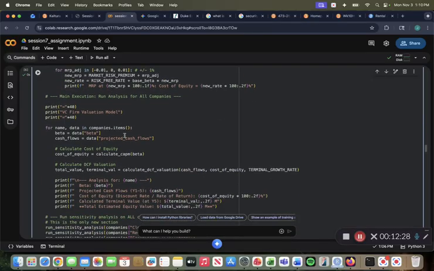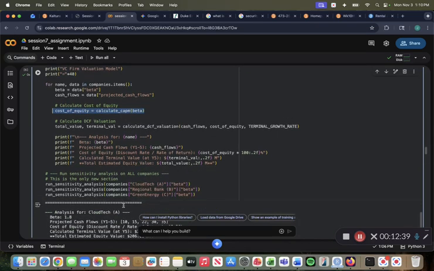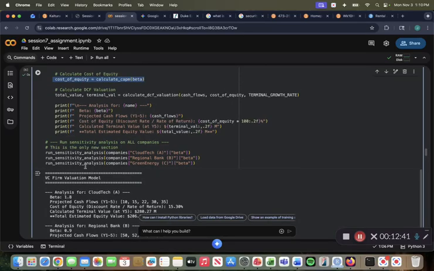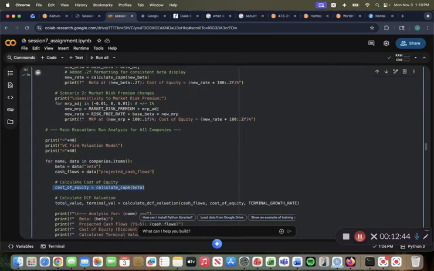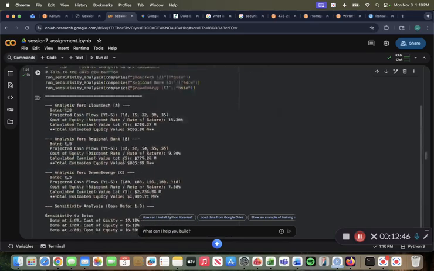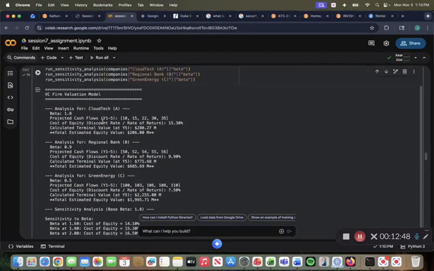And then this all down here does the cost of equity calculation using the CAPM function, the DCF valuation using the DCF valuation function, just to print out all of our information, and then just printing out the last of the information.